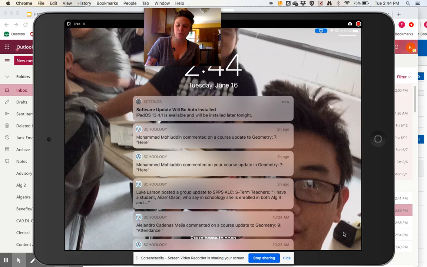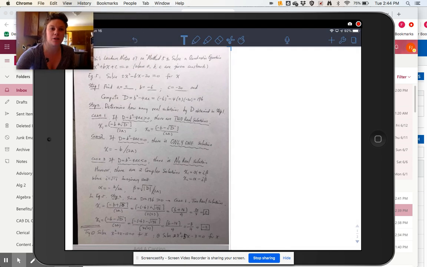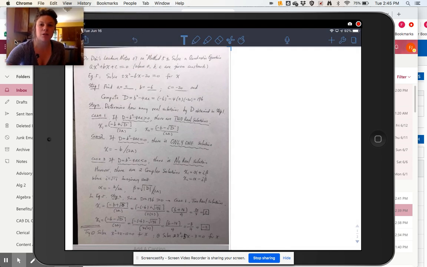So let's go through what he's talking about in your lecture notes here. I do agree they are presented in kind of a strange way, but I think the idea is that he's just trying to explain, review quadratics, right?